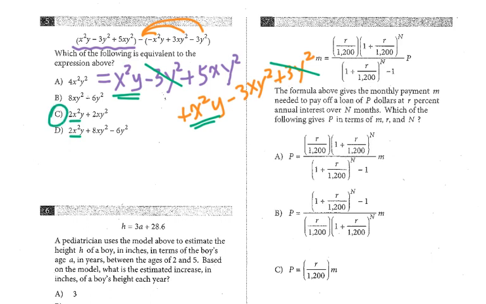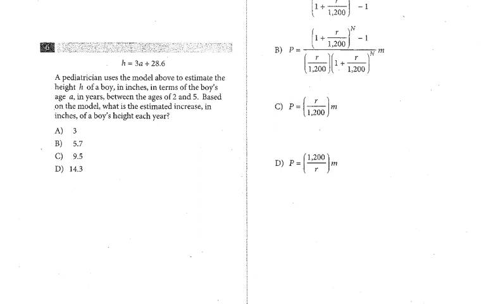For number 6, H stands for the height of a boy, and A stands for that boy's age in years between ages 2 and 5.